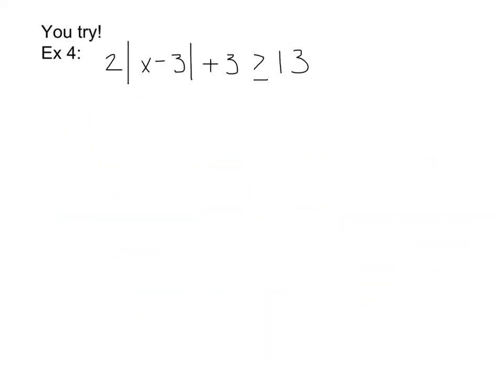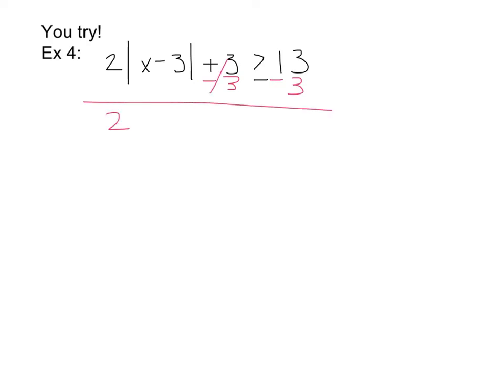This is your last example. Press pause, solve for both of your variables, and then graph them and press play to make sure that you did it correctly. First question to yourself is, are your absolute value bars all by itself? I hope you notice that it's not because of the plus 3 and the multiplying by 2. So I'm going to start by subtracting 3.